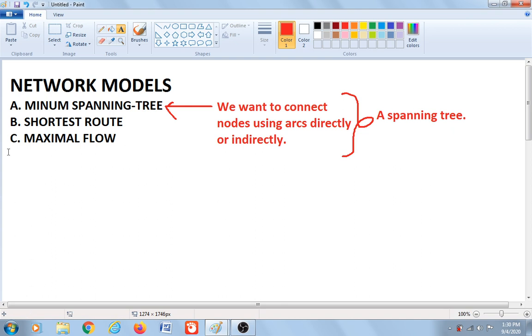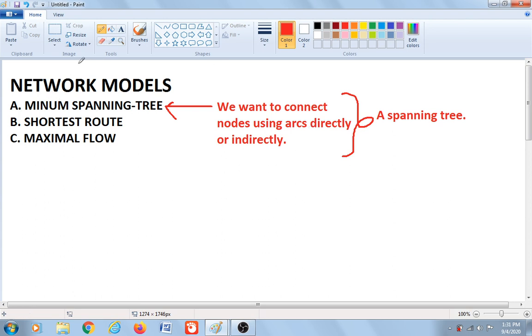And I think I missed the minimum here. So the minimum spanning tree problem, this is the spanning tree, so we connect all nodes using arcs directly or indirectly.